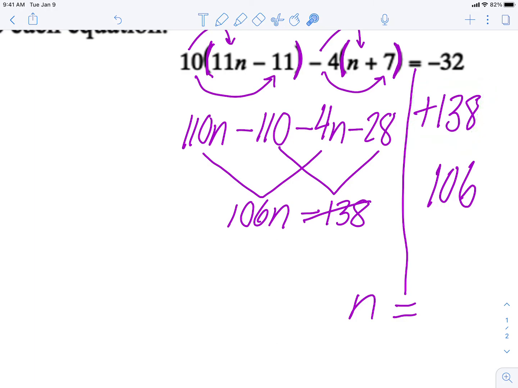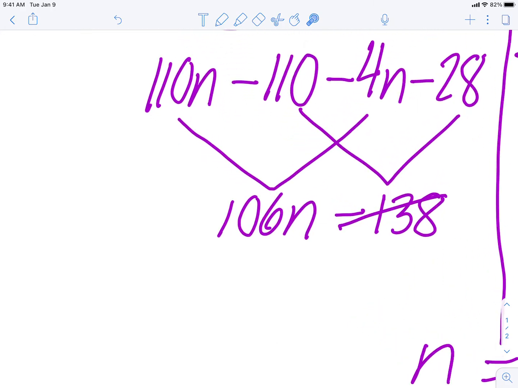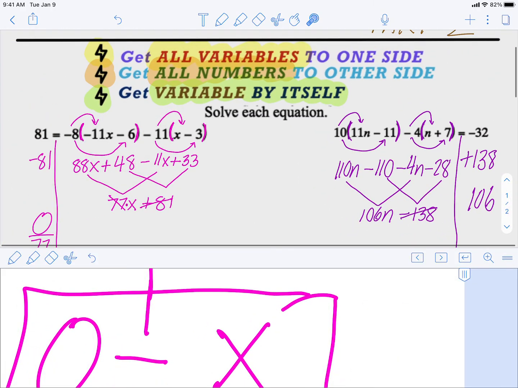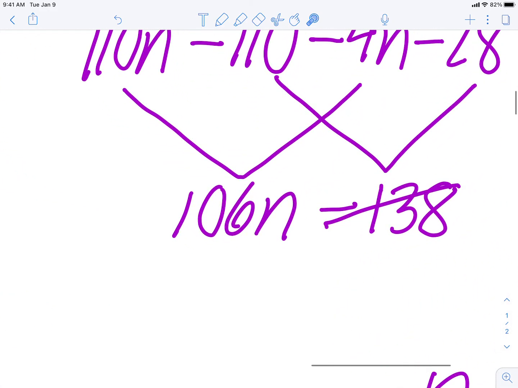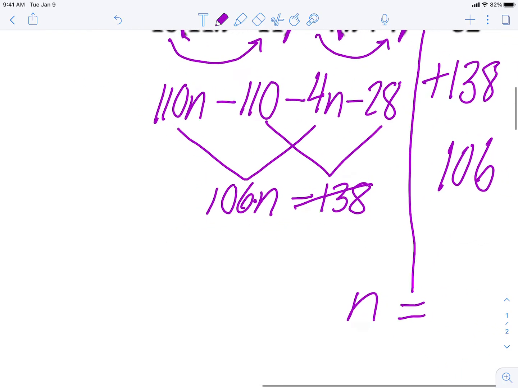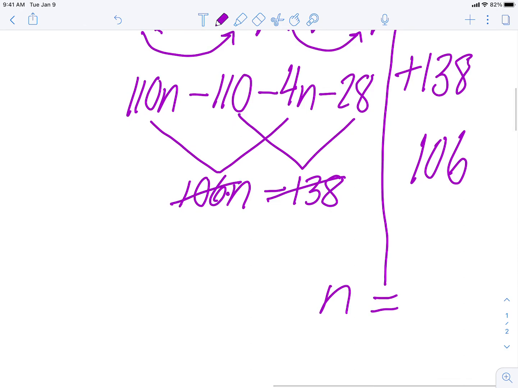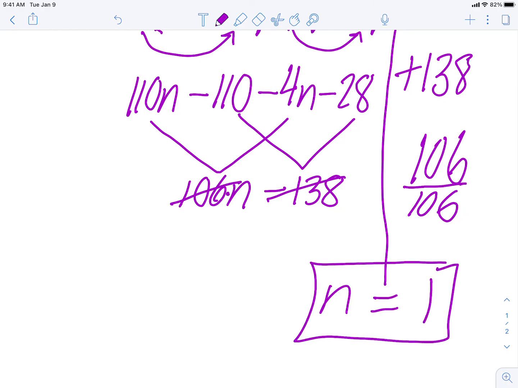So, we're going to divide now, right? 106n means 106 times n, right? So we're going to cross out 106, and we're going to divide 106 here. 106 divided by 106 is 1. And there you go.